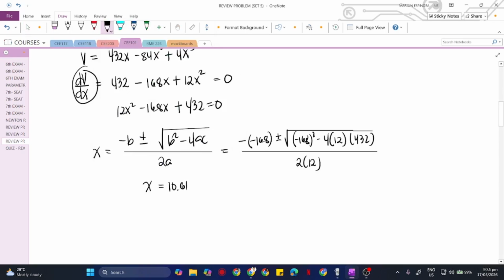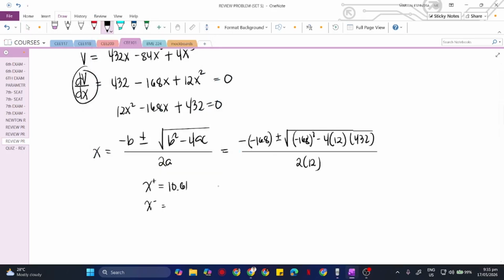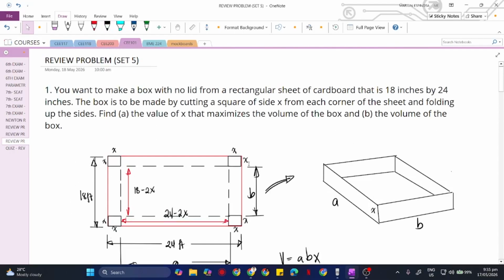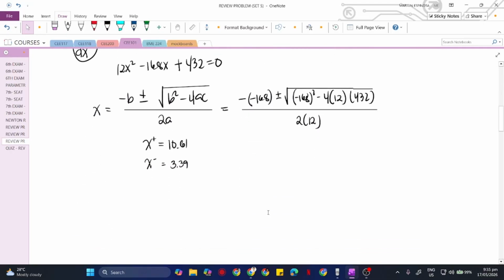And if that is negative, this would give us 3.39. And the unit is in inches. Sorry, this is inches, not feet. Anyway, only the dimensions changed here.